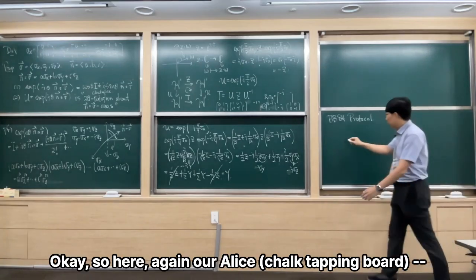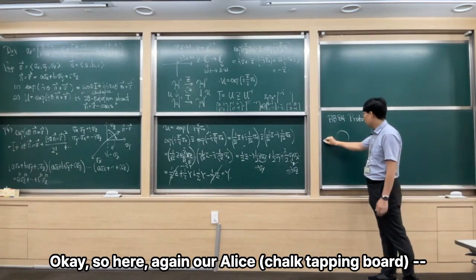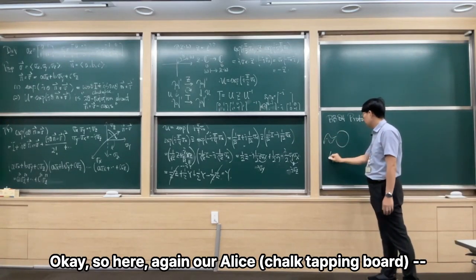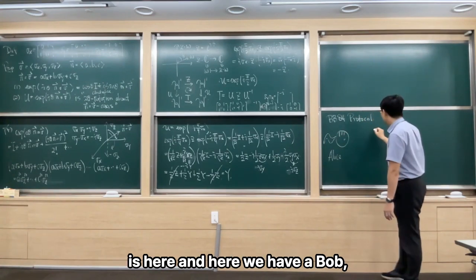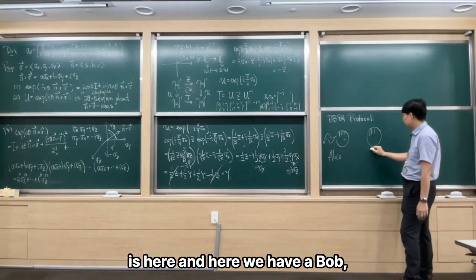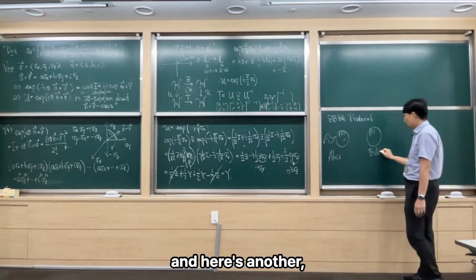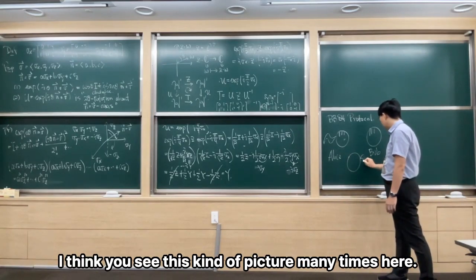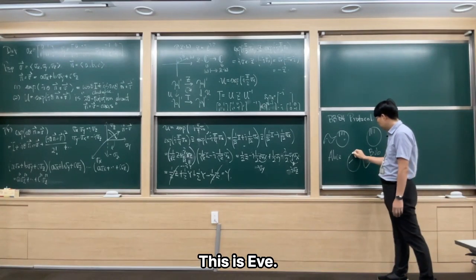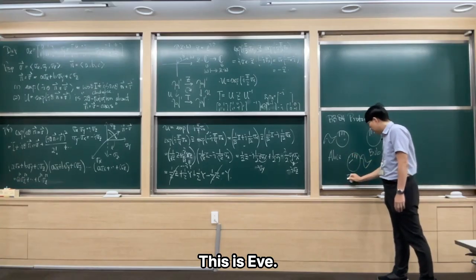Okay, so here again, our Alice is here, and here we have Bob. And here's another, I think you see this kind of picture many times. So this is Eve.